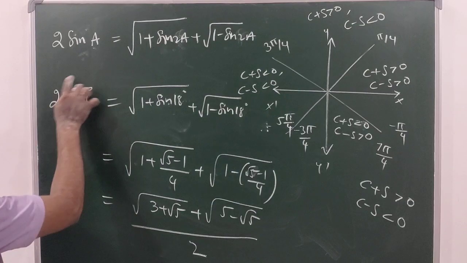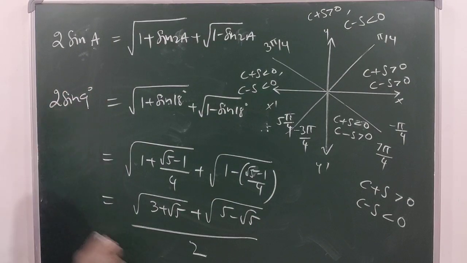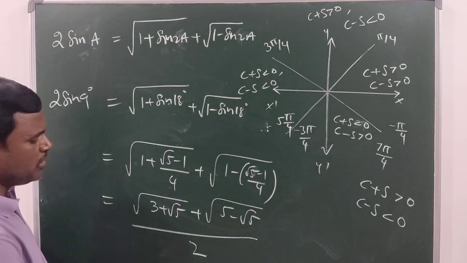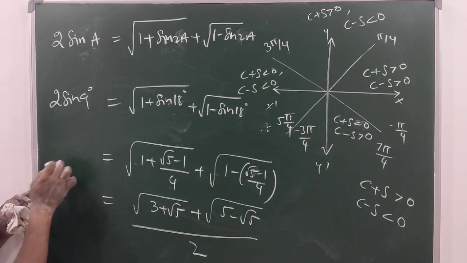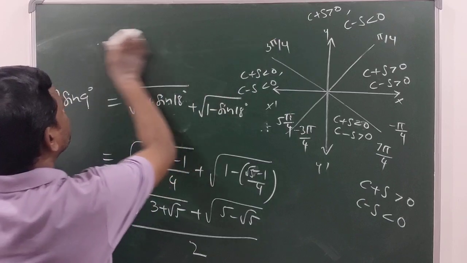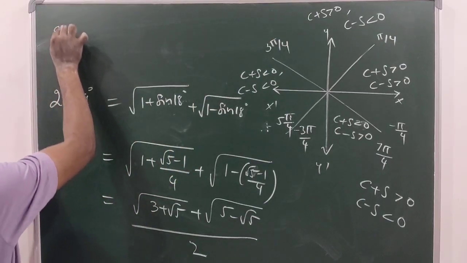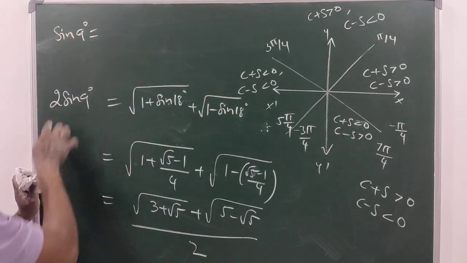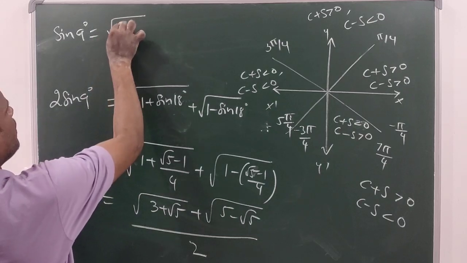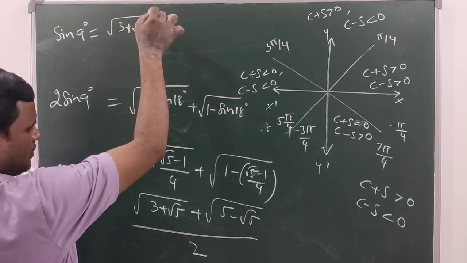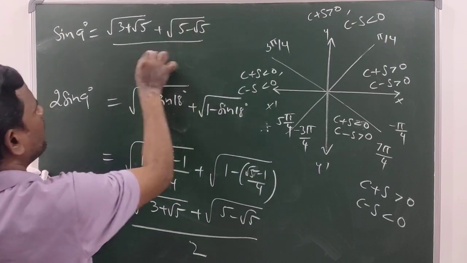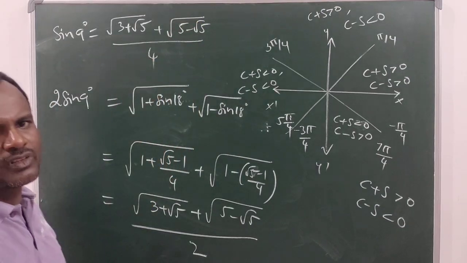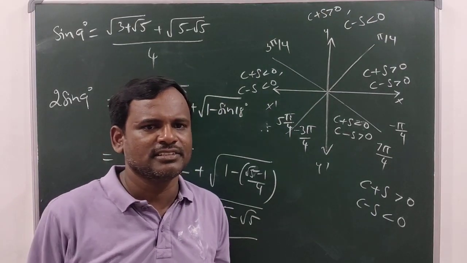But you want sine 9. You don't want this 2. Take this to the right side so that here you will get 4. So the final answer is sine 9 degrees equals, transferring this 2 to the right side, root of 3 plus root 5 plus square root of 5 minus root 5, by 4. That is our required sine 9 degrees.